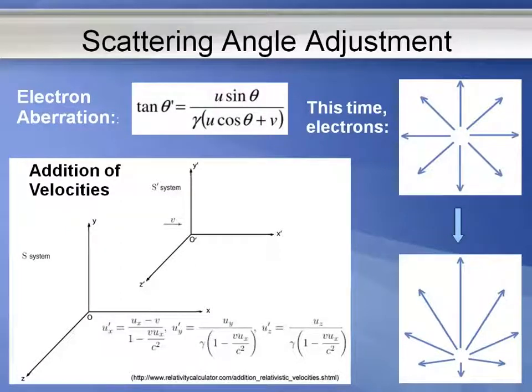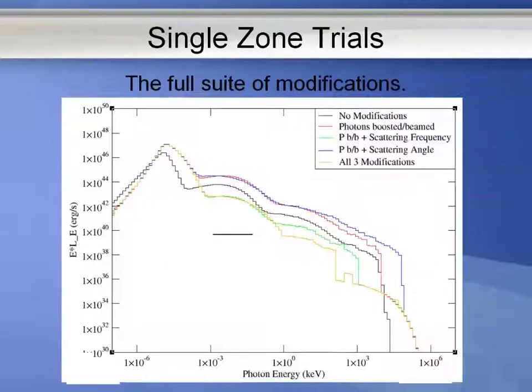And so by adding up the velocities of the total moving population, which in this case would be V based on these equations here, and then the U's, which would explain the electron's momentum, we can get a total momentum distribution in the black hole rest frame. Now we can add that in and include all three modifications.